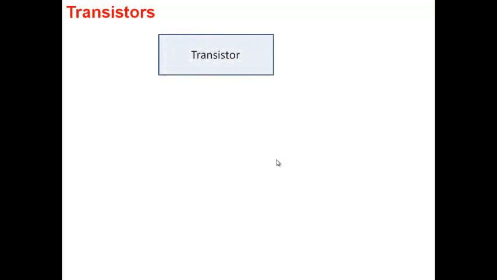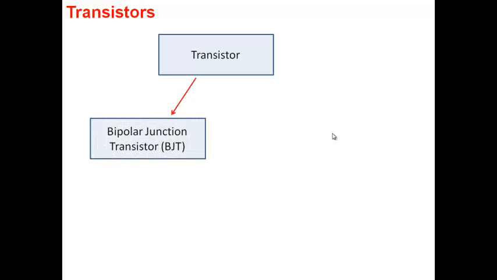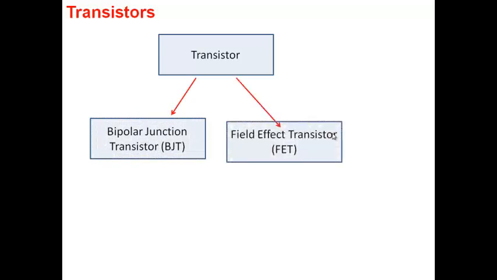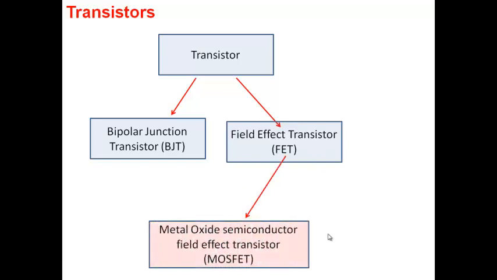So transistors, based on what we have discussed so far, can be classified in these two categories: the bipolar junction transistor, which we've already seen in some detail, and the field effect transistor. Field effect transistors can be classified in many different categories. MOSFET is one of them, and there are others.